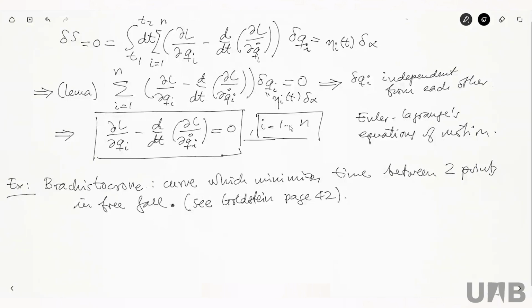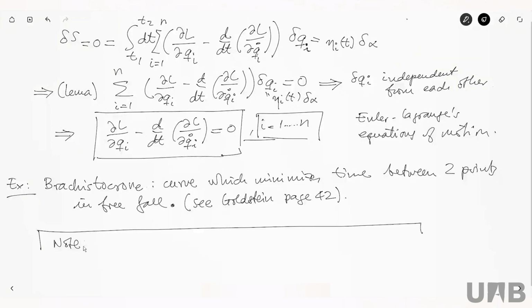Okay, but now when you have only delta qi, you say that the lemma says that all the thing within the integral is 0. And I think I remember that the lemma said that you had to have a function multiplying the integrand to say that the integral was 0. No, but look, let me write here a little note.